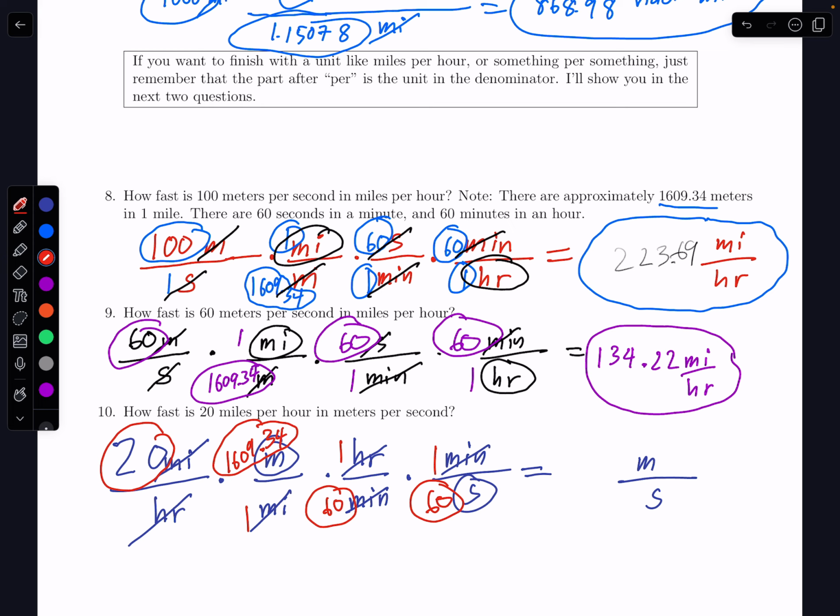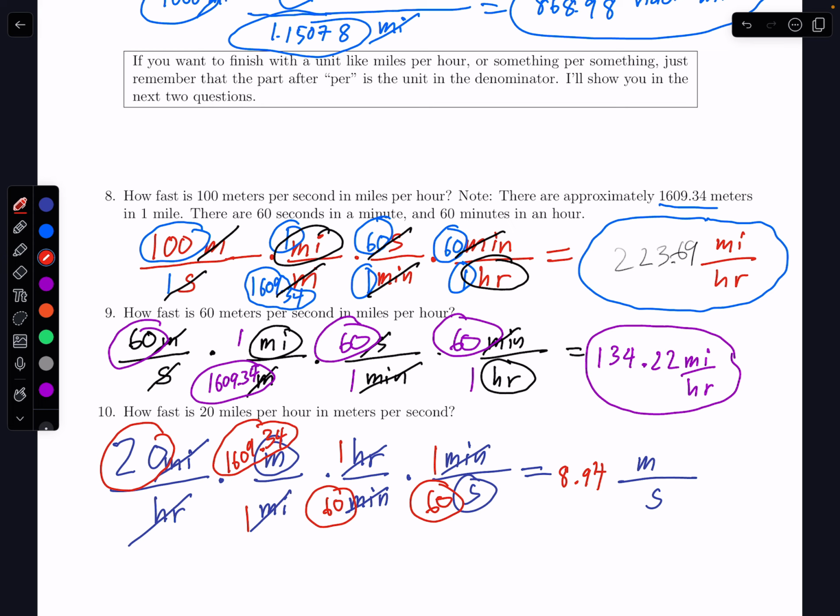So 20 times 1,609.34, divide by 60, and then divide by 60 again. Oops. Okay, and I get 8.94.